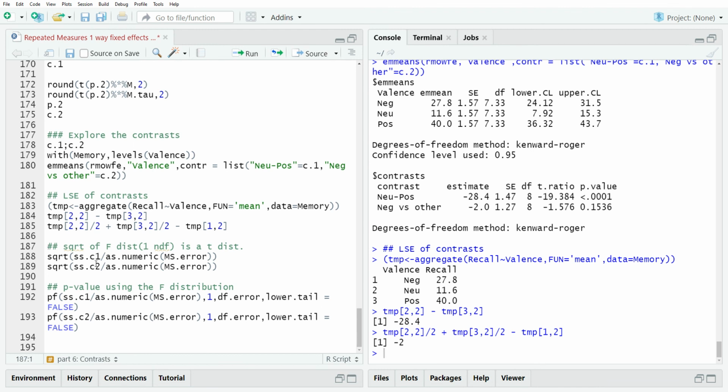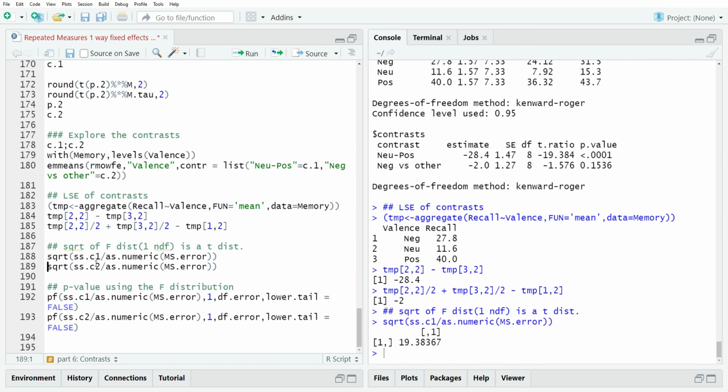Now the sum of squares is a chi-squared, and if we divide it by the mean squared error, then it creates an F distribution, but the numerator degrees of freedom is 1, so if we take the square root of that, we actually get a T distribution.